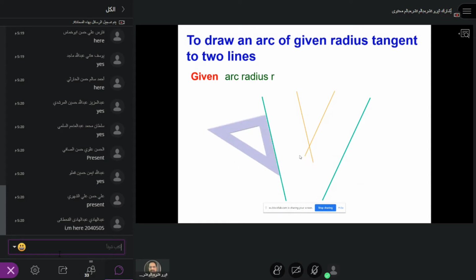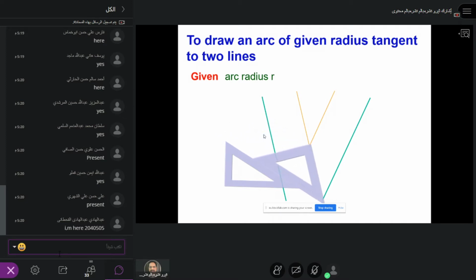Put your 45 tri-square parallel to this line, and then use the 30 60 tri-square on the broad end of this, and then move it all the way to draw a perpendicular line to the point given or point made. So this is a perpendicular line.